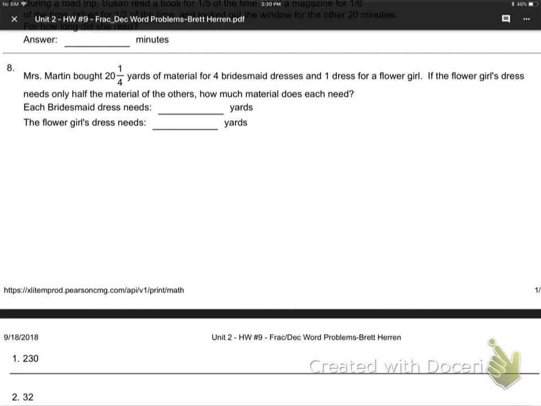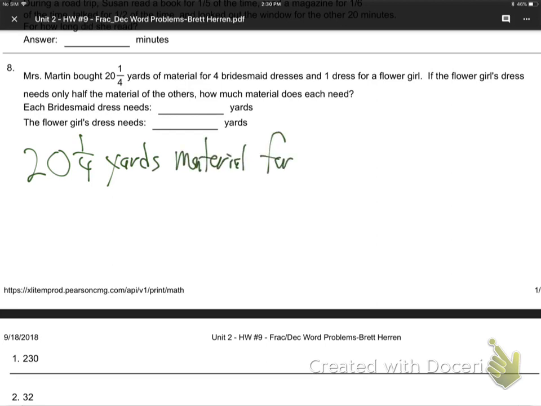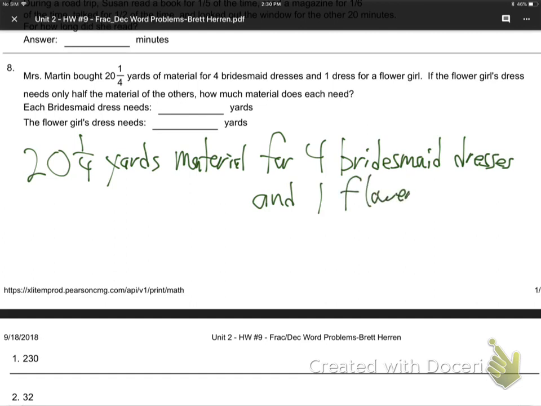Mrs. Martin bought 20 1/4 yards of material for 4 bridesmaid dresses and 1 flower girl dress, which is half the size, half the material.